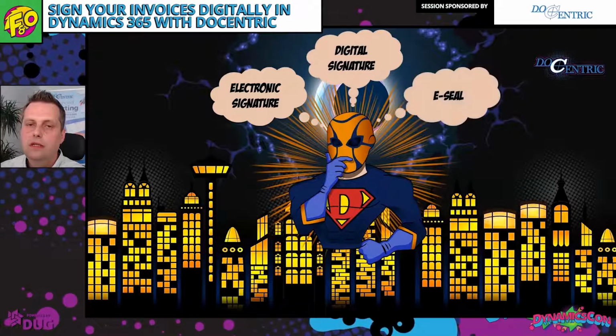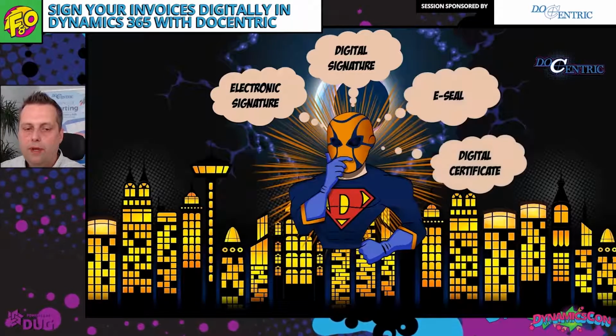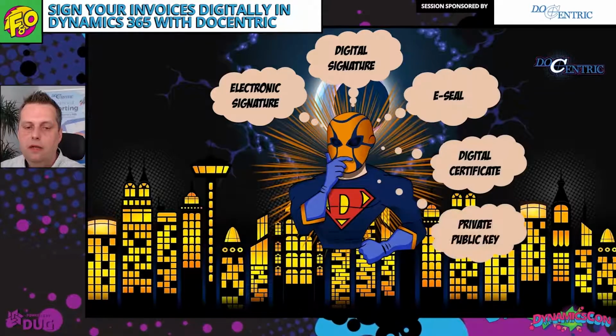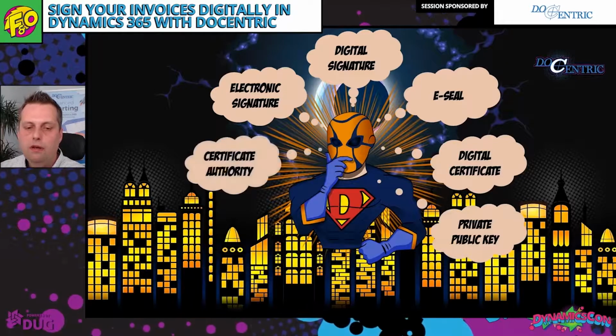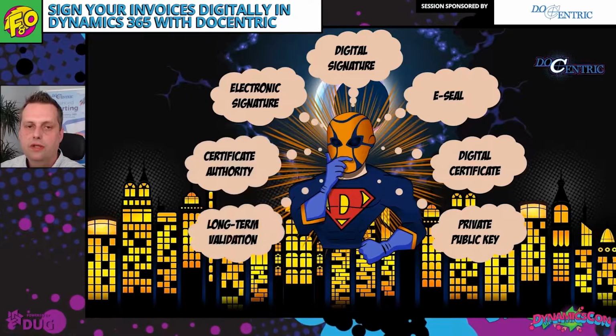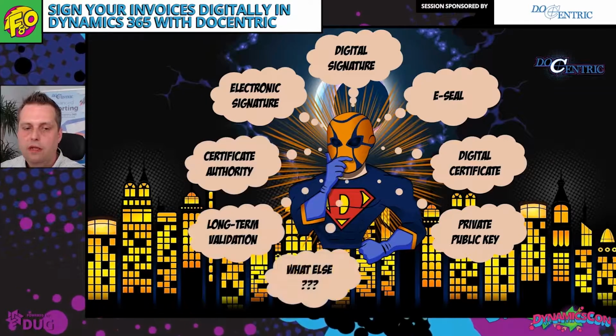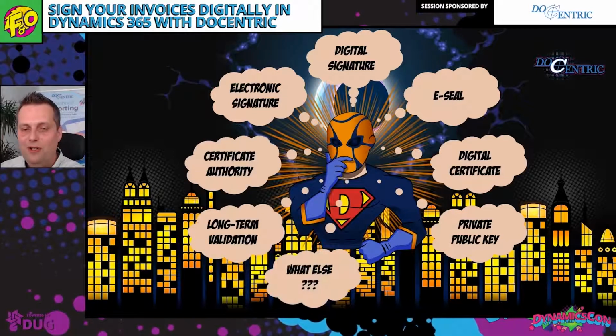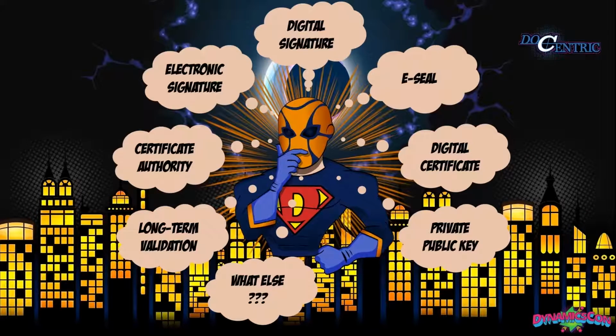Electronic seal, digital certificate, private and public key, certificate authority, long-term validation of signatures, and what else? Even if you're a superhero, it's hard to understand all the information you have read about electronic signatures at the end of the day and why and how they are used.